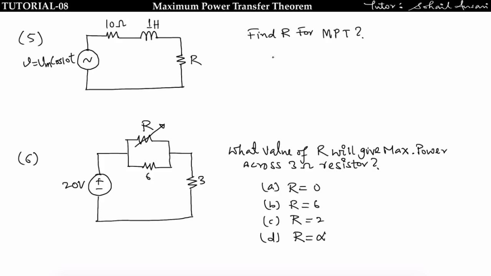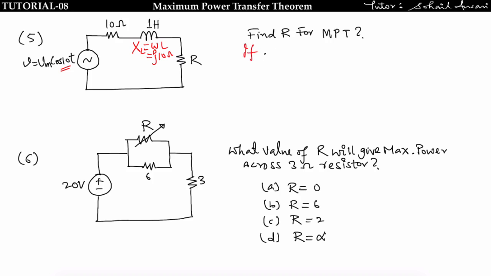Find the value of R for MPT, maximum power transfer. See, in this an inductor of 1 Henry is given, frequency is given as 10, so XL is equal to omega L, omega is 10, that means J10 ohm is given, and we have to find R for MPT. I remember I have told you the shortcut.